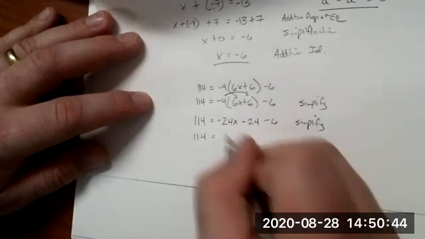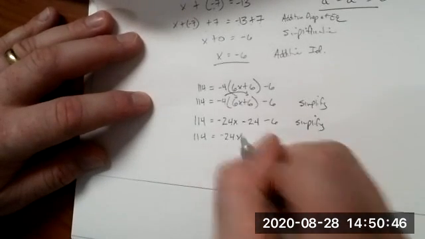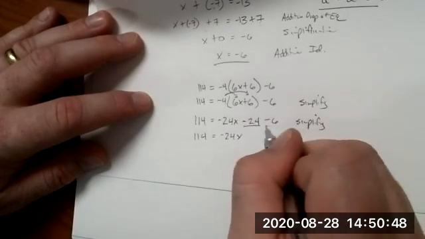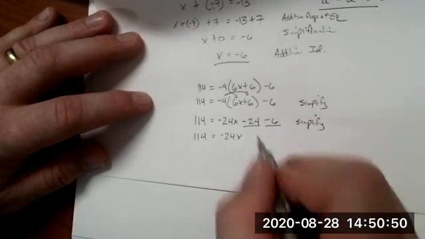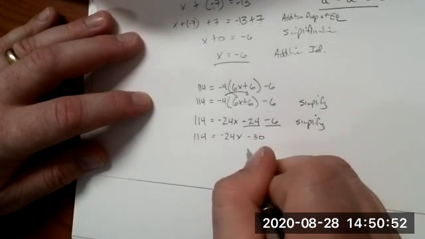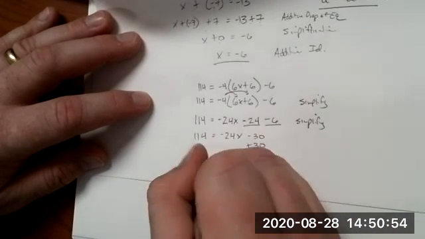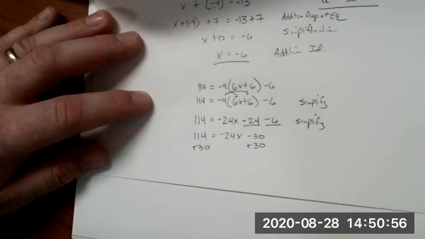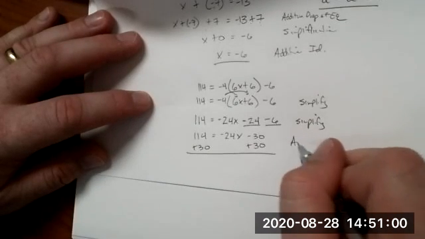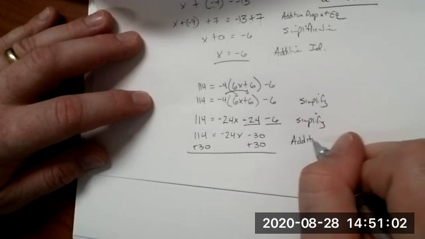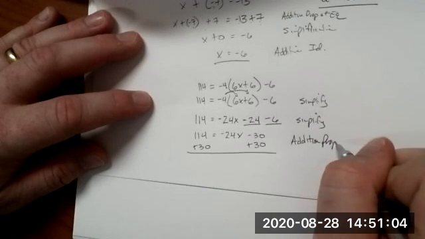114 equals negative 24x. If you owe me 24 and you owe me 6, then altogether you owe me 30. So the next thing I'm going to do is I am going to add 30 to both sides.